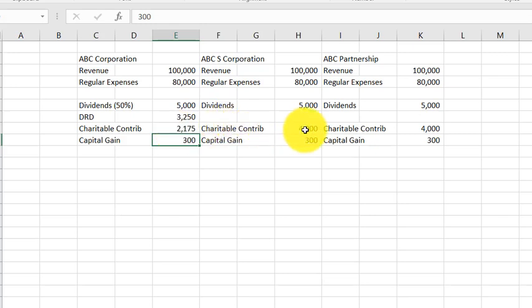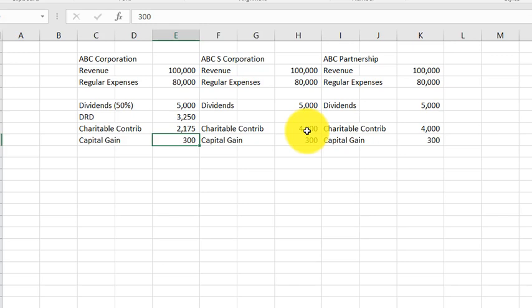The charitable contribution is not limited at the corporate level for the S corporation. So all 4,000 would be reported and divided amongst the shareholders according to their percentage. Charitable contributions for partners for the partnership are based on the agreement if it's different than the ownership percentage. And then it's limited based on the individual shareholders or partners based on their AGI.